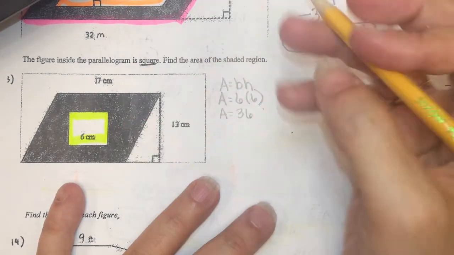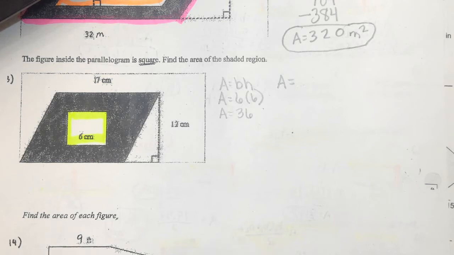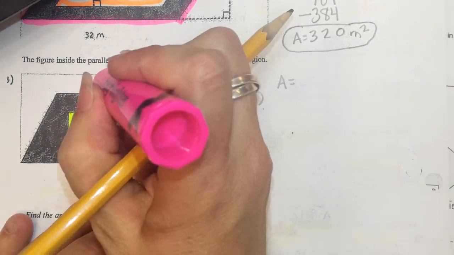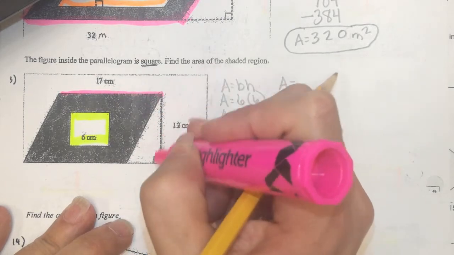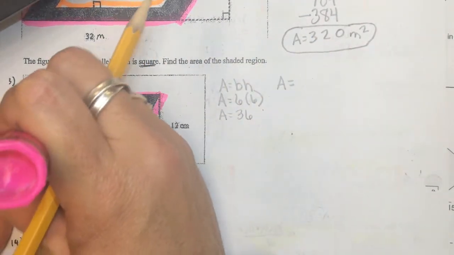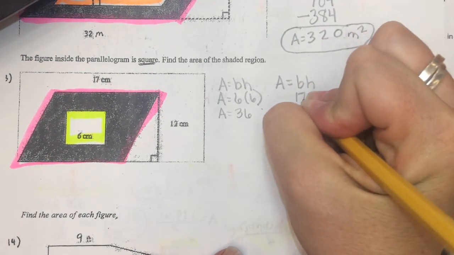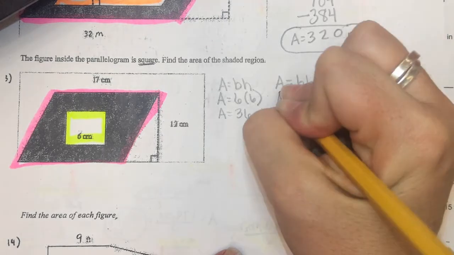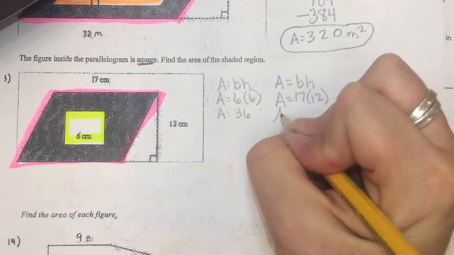That's the square. Now I'm going to do the parallelogram, the outside edge. The outside of it is 17, and then the height is right there. It is a 12. Okay? So, base times height, 17 times 12 is 204.